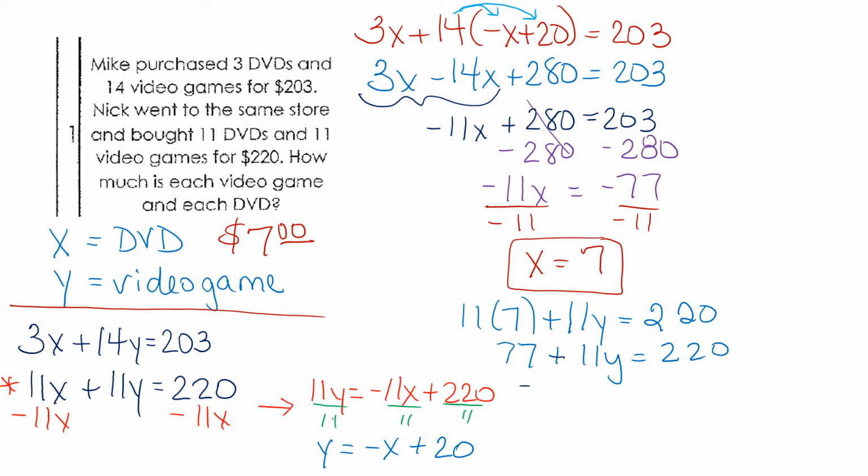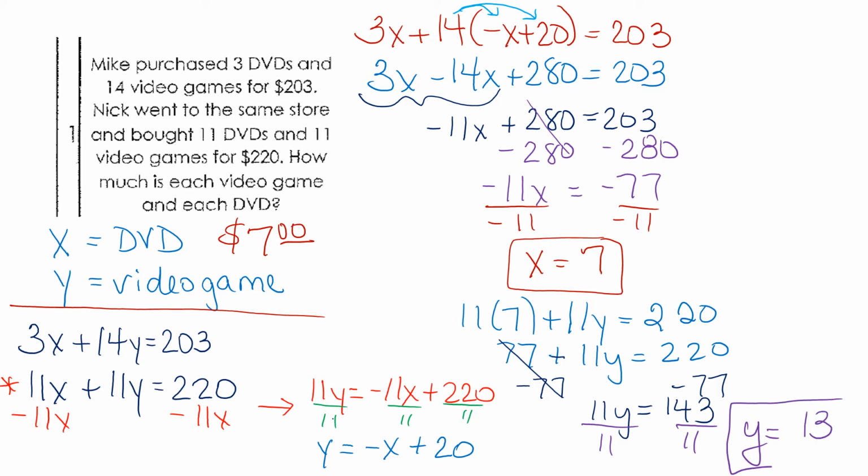We would need to subtract the 77 on both sides, leaving 11Y equals 143. And then when you divide by 11, Y will equal 13. Now, the Y represented the video games, so that lets you know that your video games are going to cost $13 a piece.